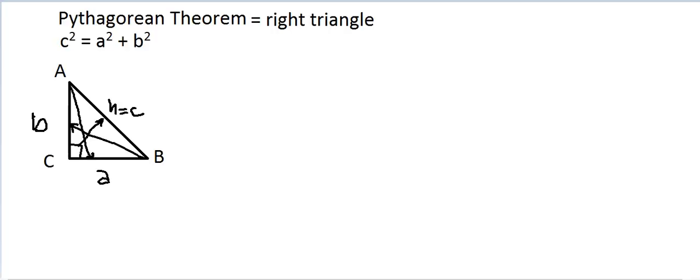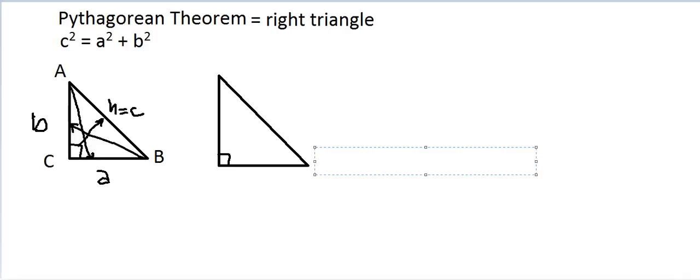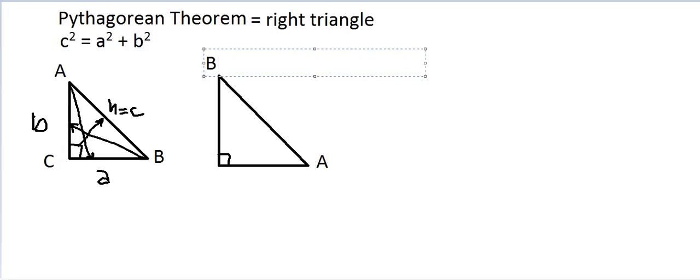Okay. Now, say for example, I have another triangle here. Say this is the right angle, and I'll name this one as angle A. This is angle B and angle C. So which side is C?